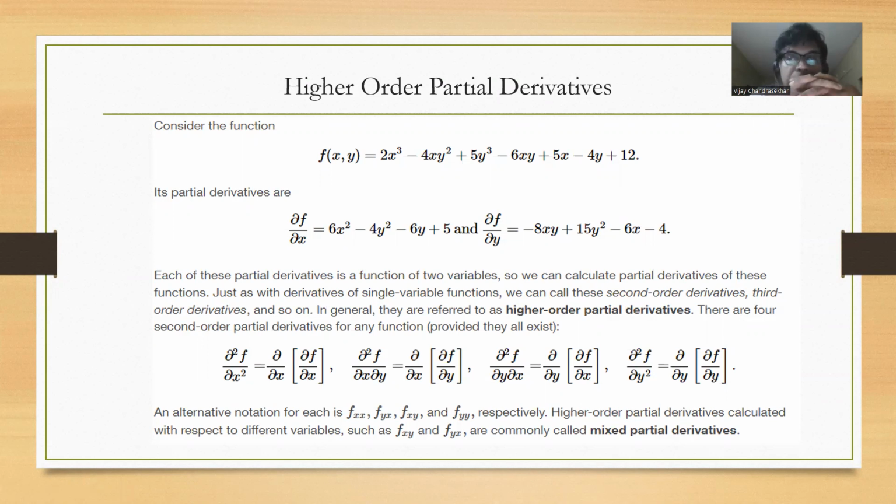So let me ask a question. If this were a function with three variables, let's say x, y, z, how many second order partial derivatives are possible?